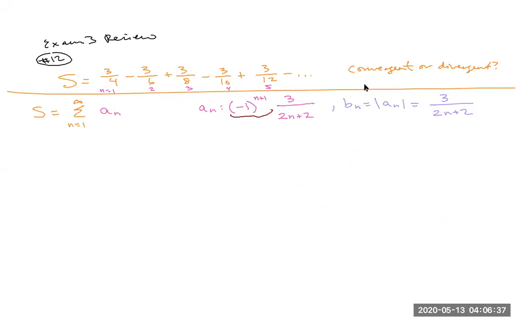Okay. So once you check off those conditions, you're ready for your conclusion. So essentially, since 1 was checked off, 2 was checked off, series is convergent by AST.